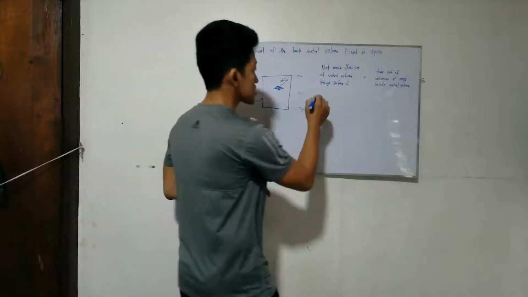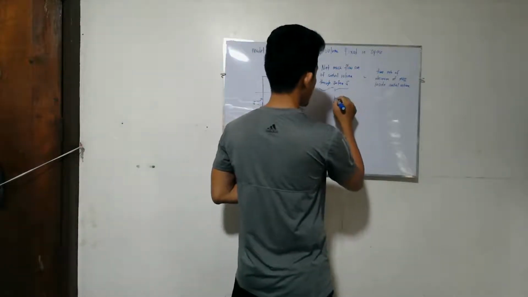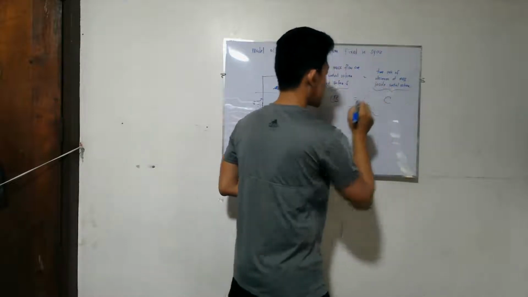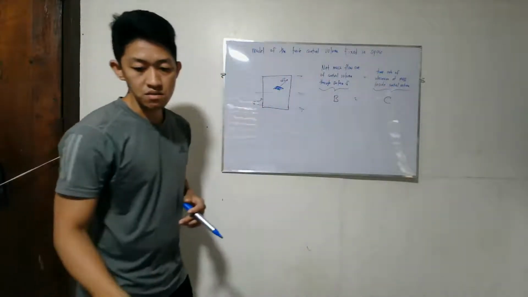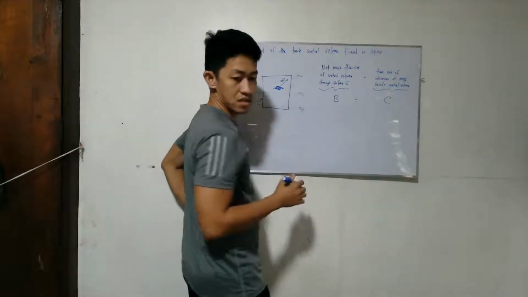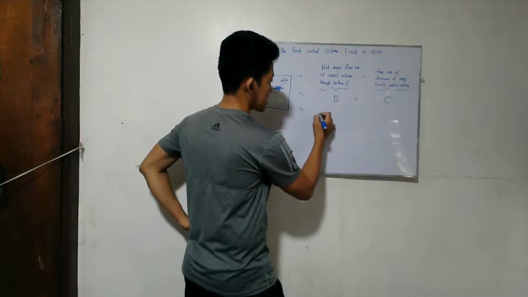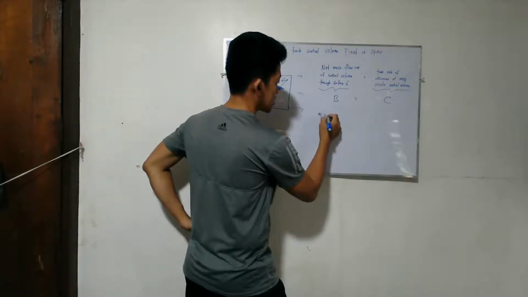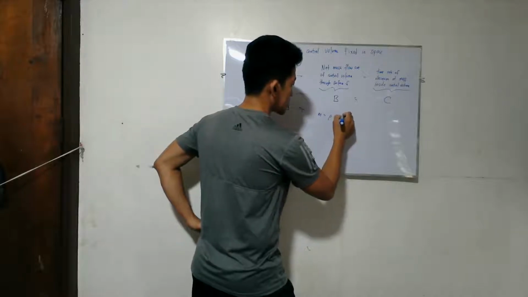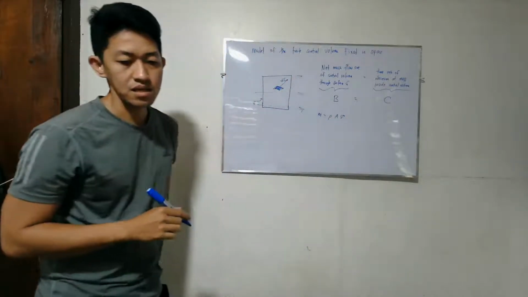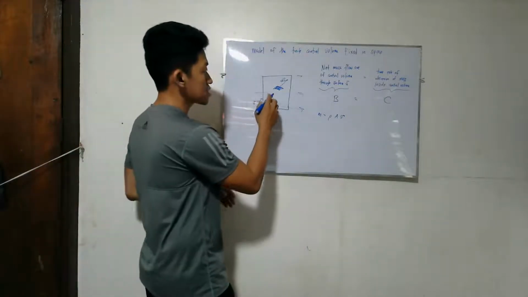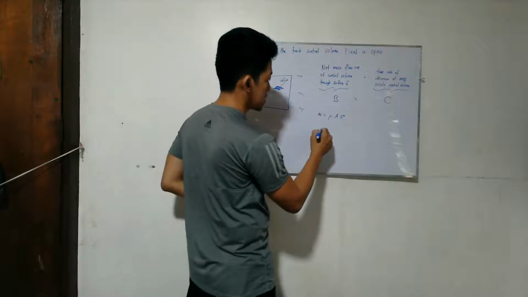Okay, so let's call this one as B. And let's take this one as C. Okay? So, therefore, what is the formula for mass flow rate? Mass flow rate is just density times area times velocity, right? So, therefore, unsa ang mugawas diri sa surface S nimo?